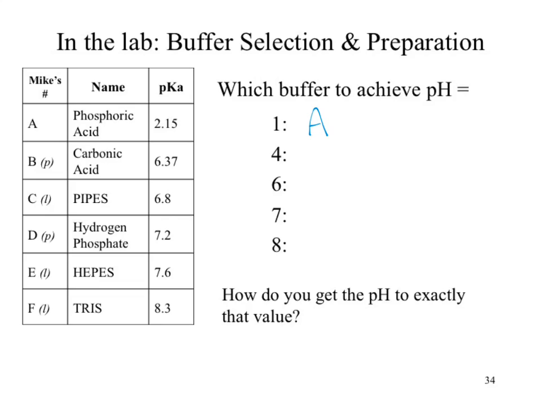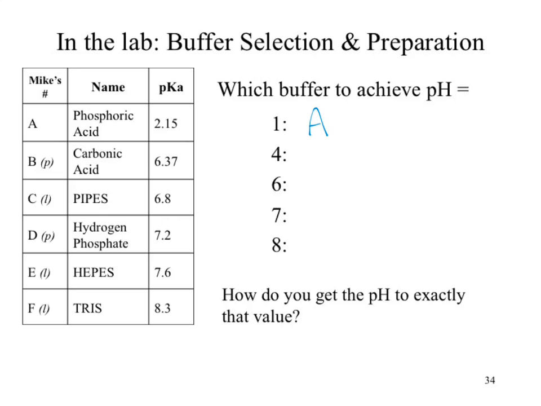If I want that pH at 1, what do I need to do? I will add a strong acid to it to get the pH to drop lower on its curve. Okay. What's going to be problematic with this? That's such a low pH that I'm probably not going to be able to buffer acid very well. Okay. I might be able to buffer the base a little bit, but buffering the acid isn't going to work very well. What happens if I move to pH 4?